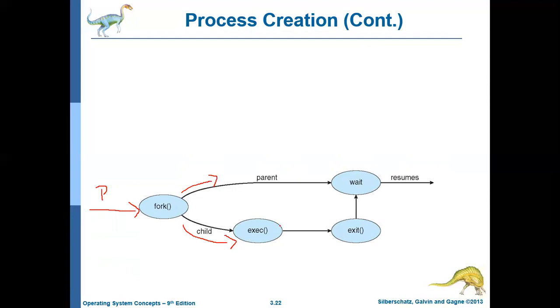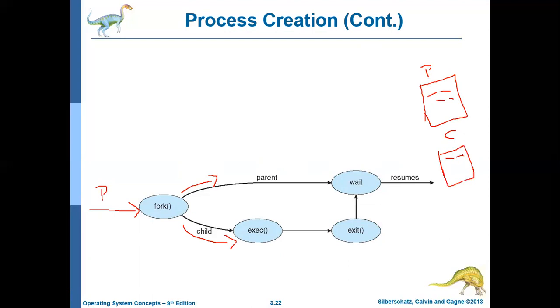Until exec is executed, the memory image of the child and the parent will be the same, because the child is nothing but a copy of the parent following the fork command. Whatever is in the parent's memory following the fork command will be in the child process memory also.